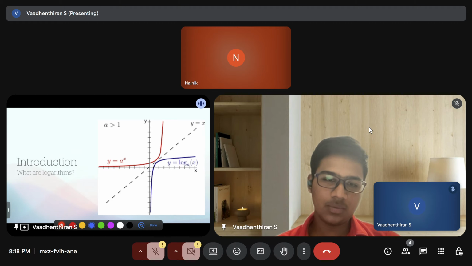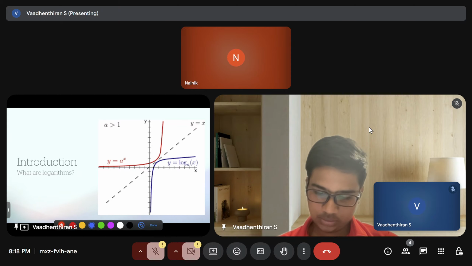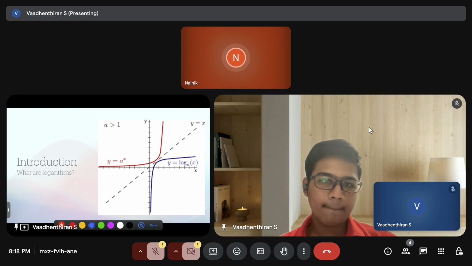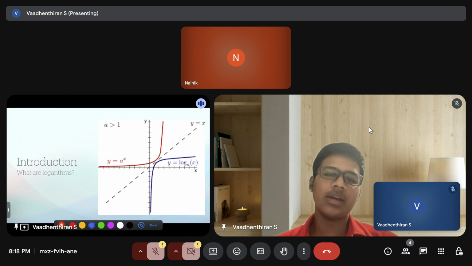Do you know what is the basis of logarithms? It's basically to find the exponent, like log a to the base this. So basically, it's to raise something to the log power to get that number. You can tell it is the inverse of any exponential function.